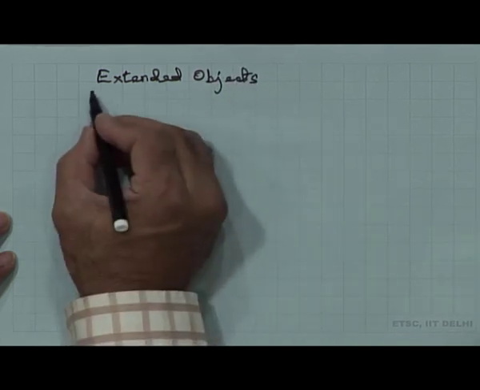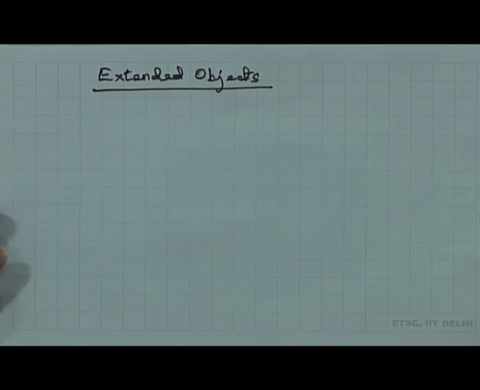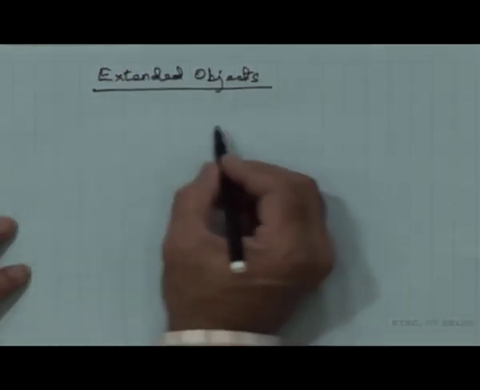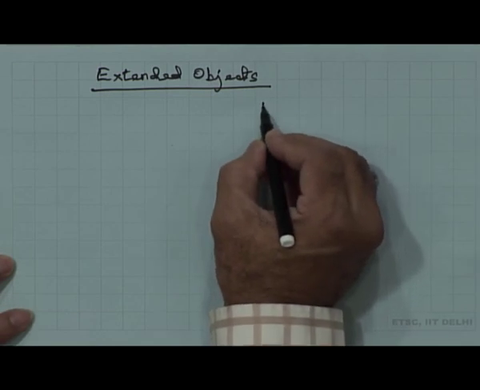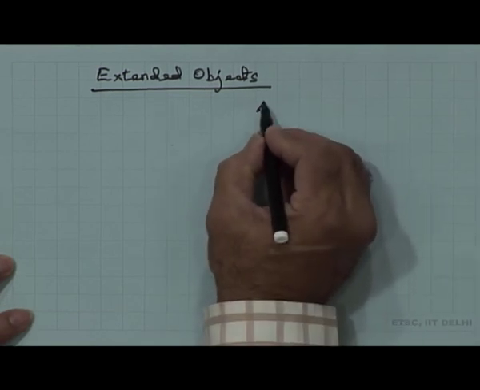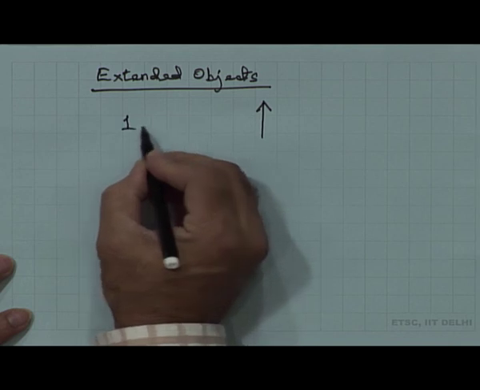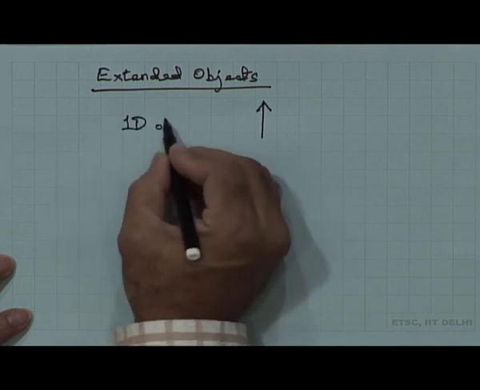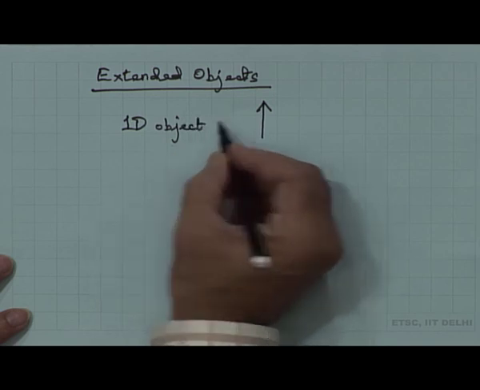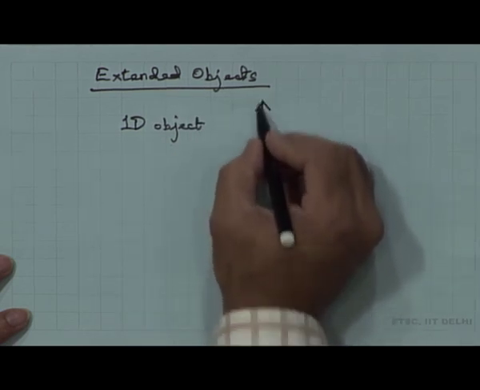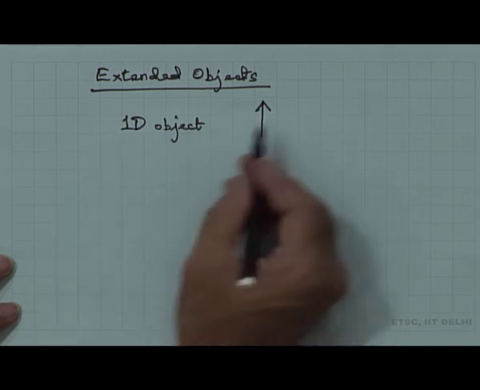A point object is a 0 dimensional object, but a laterally extended object, for example, if I take an arrow like this. So, this is a 1D object, one dimensional object, a line object basically. We have shown an arrow, but it is basically a line. So, it is a 1D object.